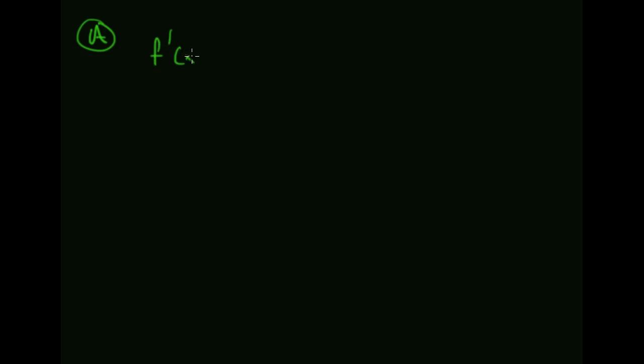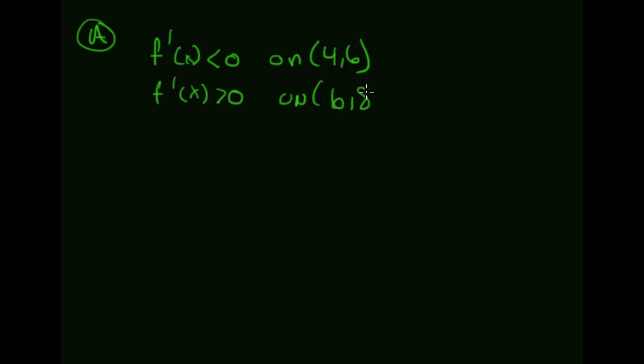Because f prime of x is less than 0 on (4, 6), and f prime of x is greater than 0 on (6, 8), which means that I have a local min at x equals 6.